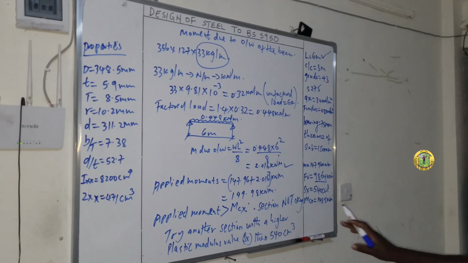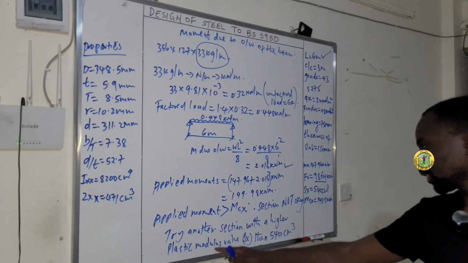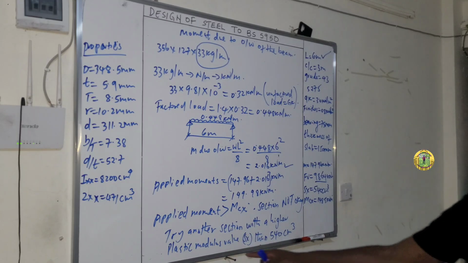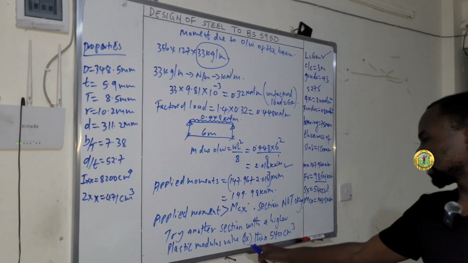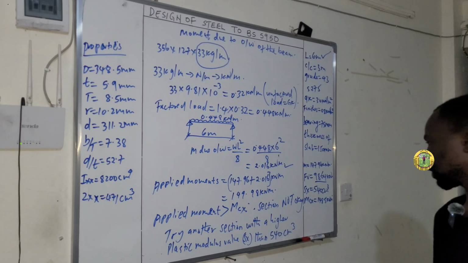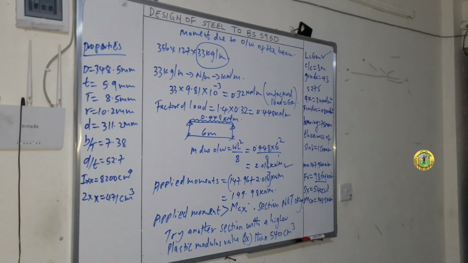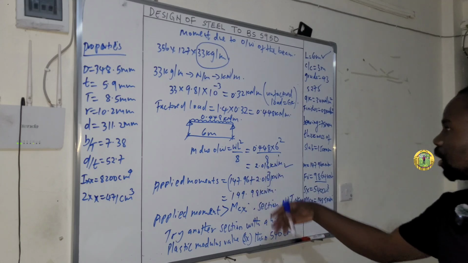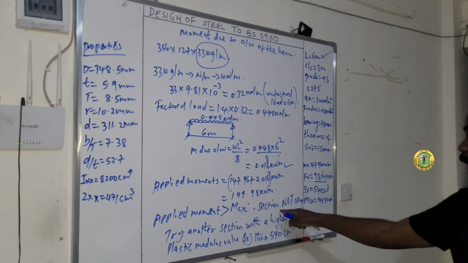If you find the section is failing, you go back to the table and try another section with a higher plastic modulus value than 540 centimeter cubic. Again, you obtain the properties and redesign up to this point.